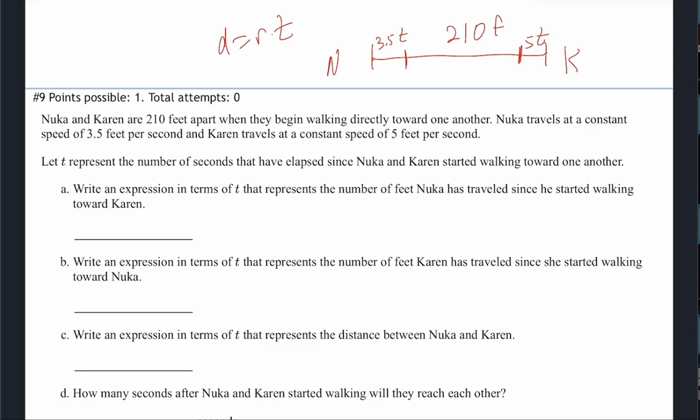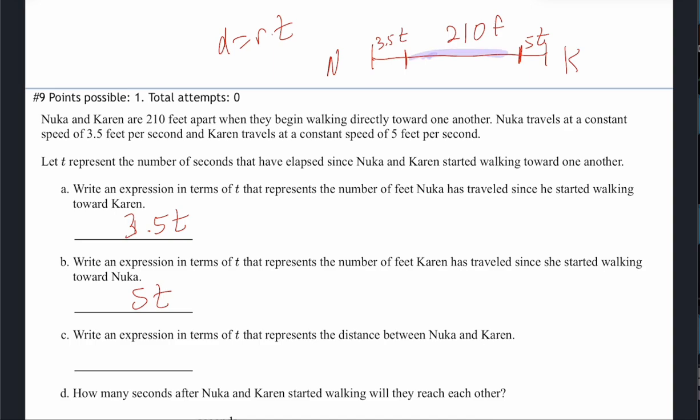So that's what they want here. So Nuki has walked 3.5t feet. Write an expression in terms of t that represents the number of feet that Karen has walked. That's 5t.